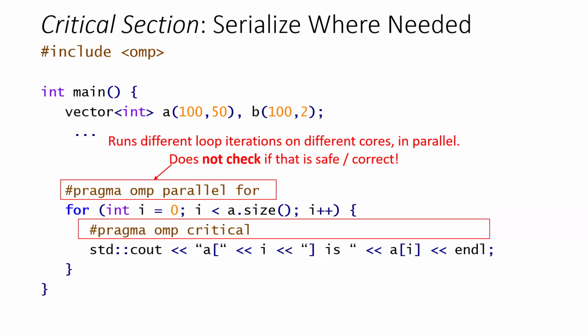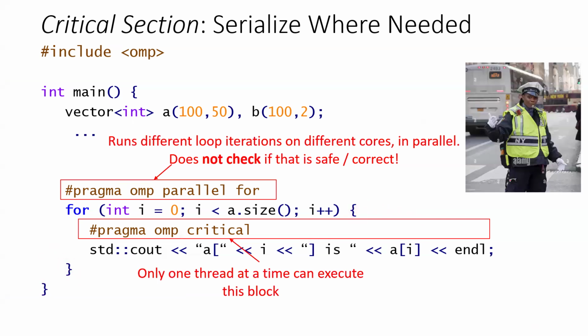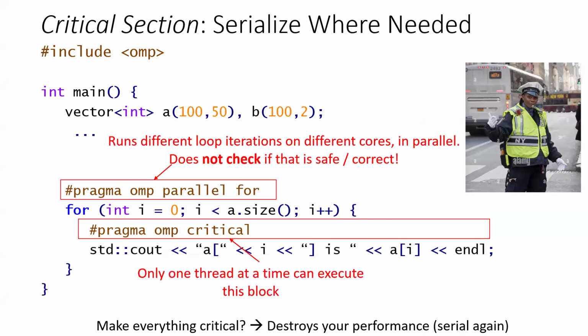To do any of the error checking, if needed, you can use pragma OMP critical to ensure that only one thread at a time can execute this block, and blocks are defined by the brackets. But making everything critical will destroy your performance because you're making it serial again, so you're not gaining anything from multi-threading.